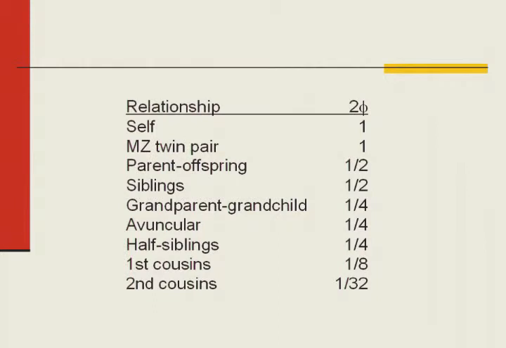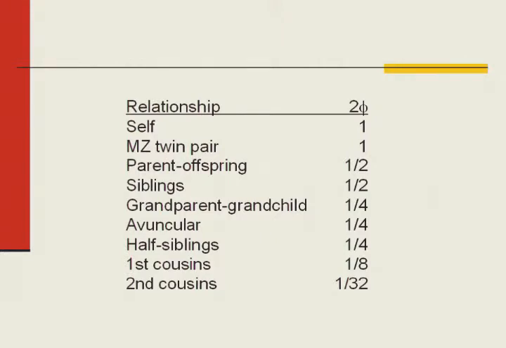Okay, so this 2 times the kinship here predicts the additive genetic component. That is the amount of DNA we would expect that type of relative pair to share on average. So MZ twin pairs are identical for their DNA. You have half of the DNA from either of your parents. They each gave you one of their 2 chromosomes.